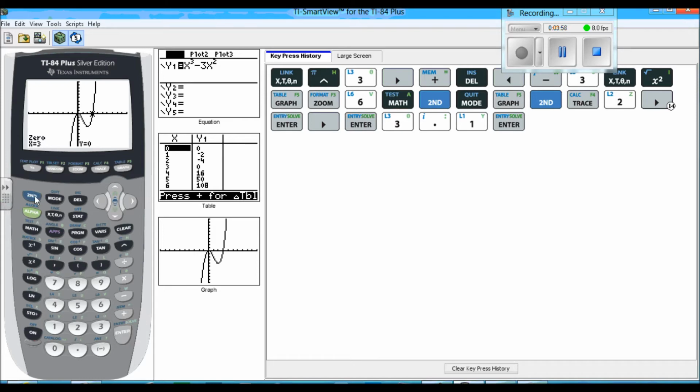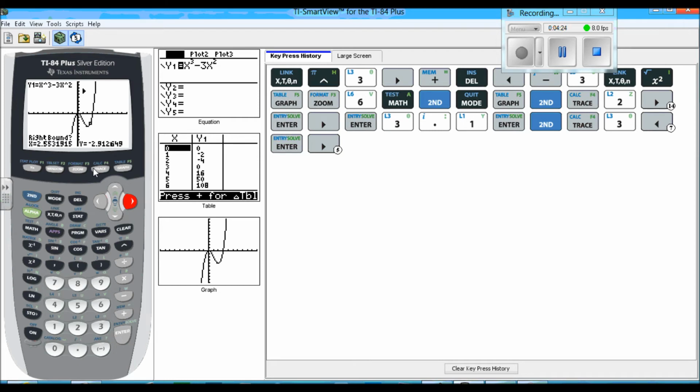Again, you go second calc, and we want to find the minimum. Again, it asks you the left bound, so we have to go to the left of the minimum. It looks like we're on our way back up there. Good. Give it a little bit more room, maybe, just to make sure. You hit enter. Then the right bound, let's go to the other side of the minimum.